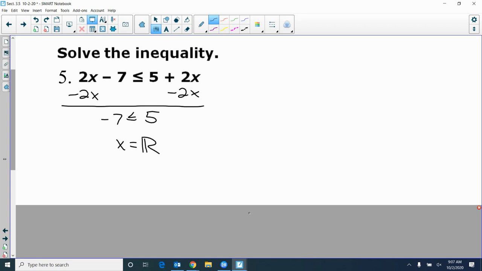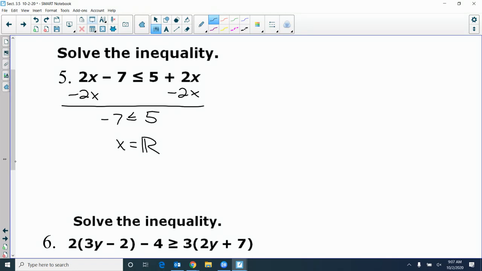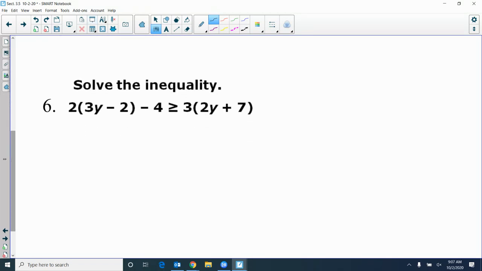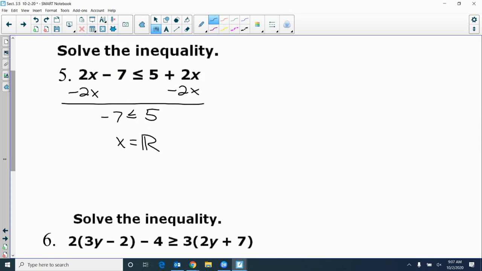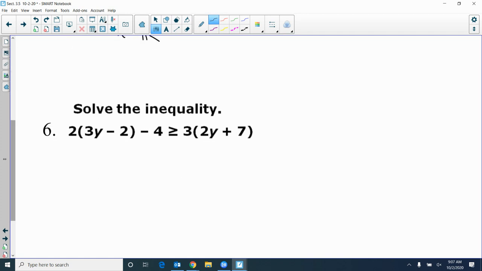So remember, don't get freaked out when you lose your variable, when all of a sudden you're looking at your paper and there's no variable left. That can happen. Now, this first one was one step and then things kind of dissolved into no variable. More than likely, you'll see something that takes a couple steps, and that leads to more mistakes. We want to make sure we don't make those mistakes.